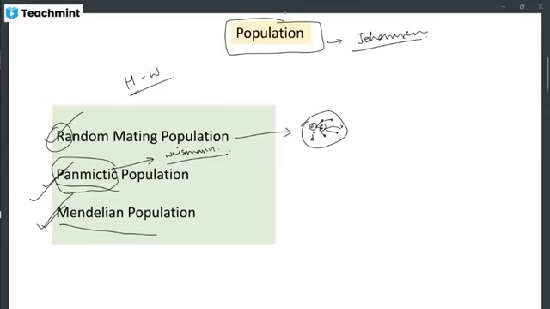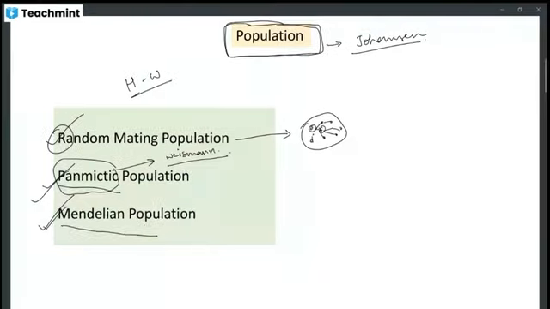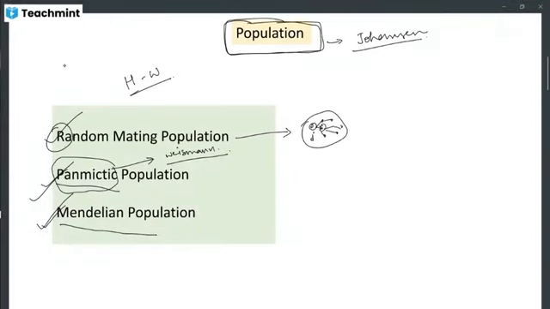Can we also call the population the gene pool? We can call the population a gene pool when we have individuals of the same species that reside in, or share, the same gene pool.